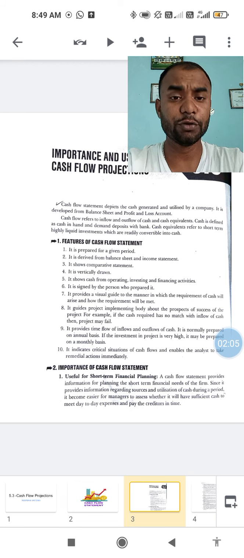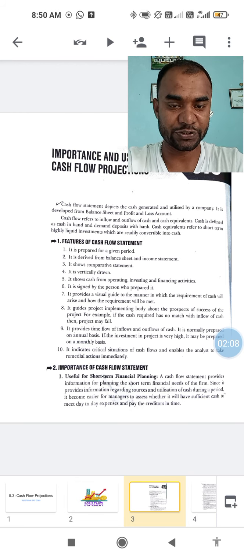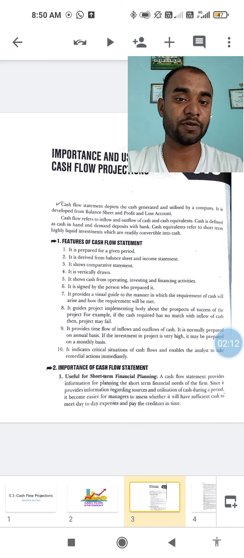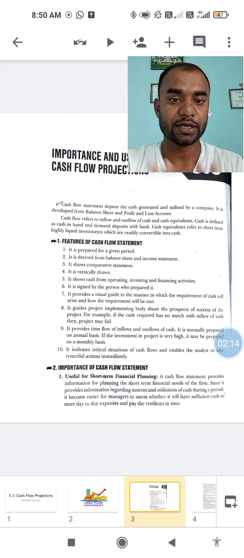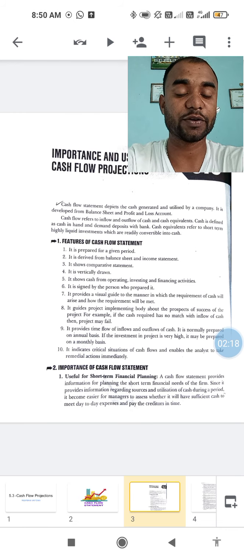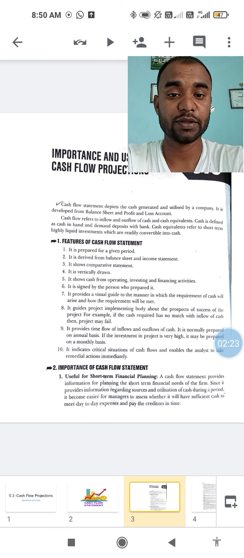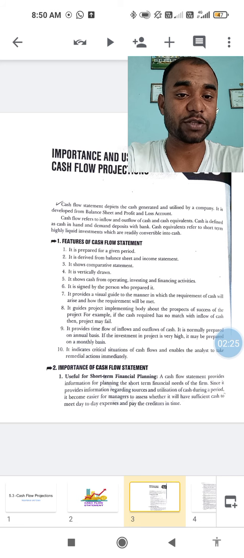So usually you prepare trading account, profit and loss account, and balance sheet. Two years' balance sheets will be given to you, and from there you will be preparing these cash flow statements. So as I said, those of you who are taking accountancy, obviously all are taking accountancy, you will definitely be getting this, or some of you might have already done it. So this is the importance of cash flow statements.